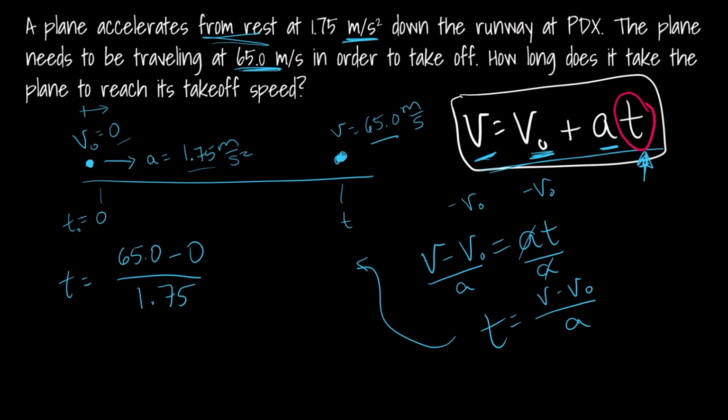This is in meters per second, and this is in meters per second squared. When we divide by a fraction, we multiply by its reciprocal. If we just look at the units, this works out: we end up in seconds, which is what we want. So we take 65 divided by 1.75, and we get that the time it takes for this plane to take off is 37.1 seconds.